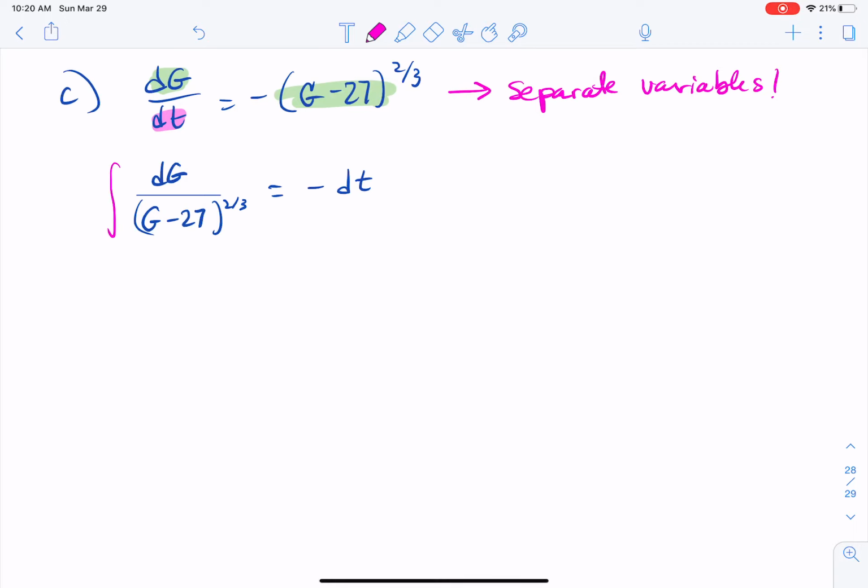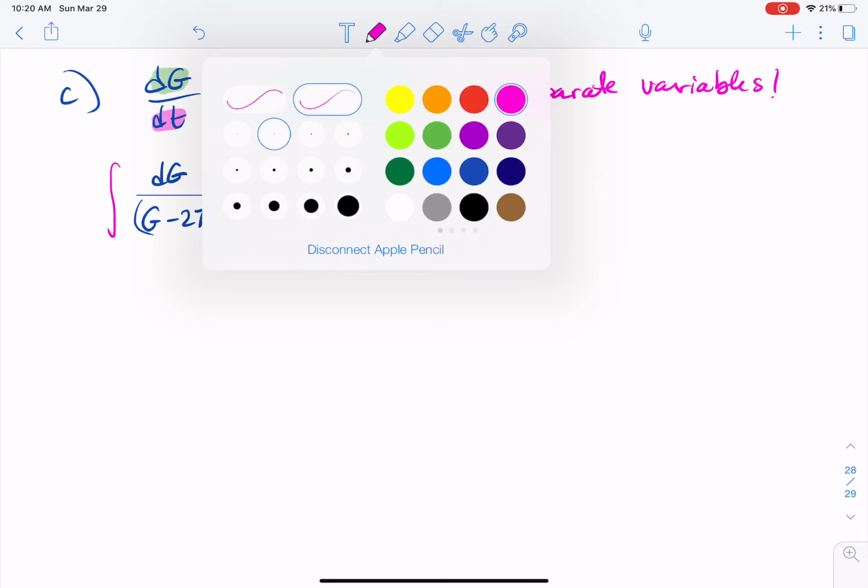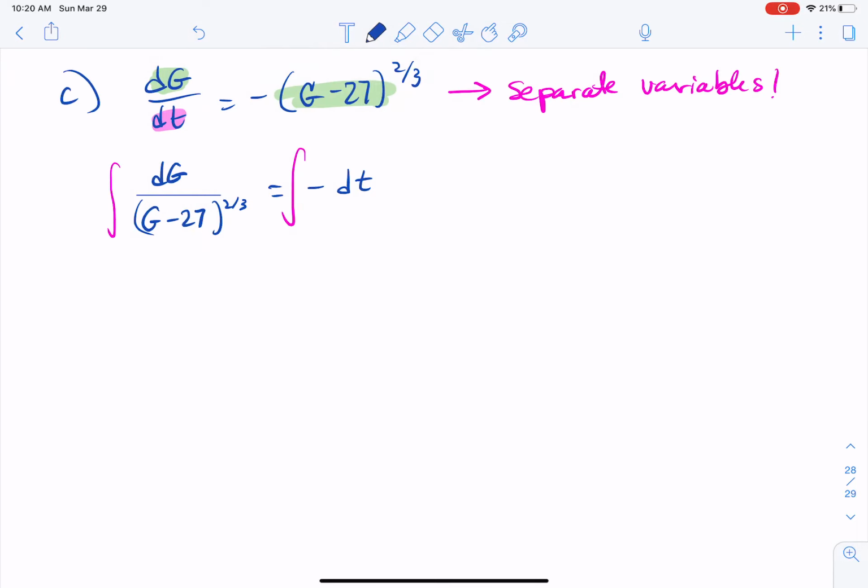Now I'm going to take the antiderivative of both of these sides. On the left, it might be easier if I rewrite this by putting that up at the top. So (g minus 27) to the negative 2/3 dg is equal to negative t, and then don't forget your plus c.